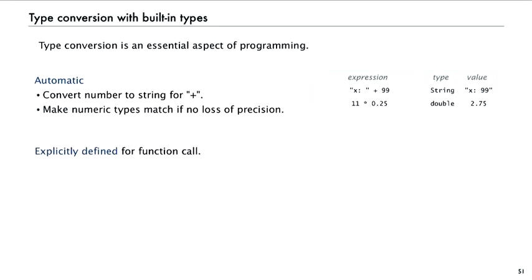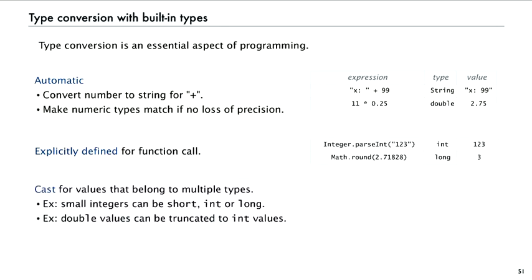Sometimes we need to explicitly define a type conversion, like with a function call. Integer.parseInt returns an int, and it's going to explicitly make the conversion of the string into an int value. Math.round is another example.